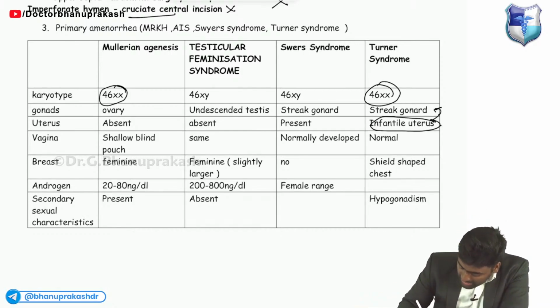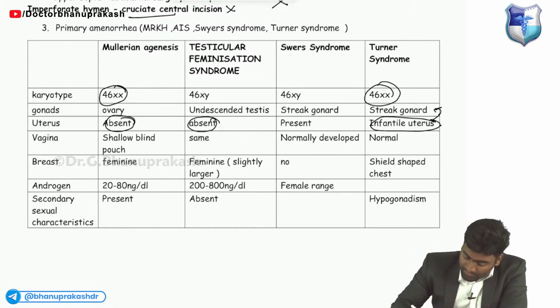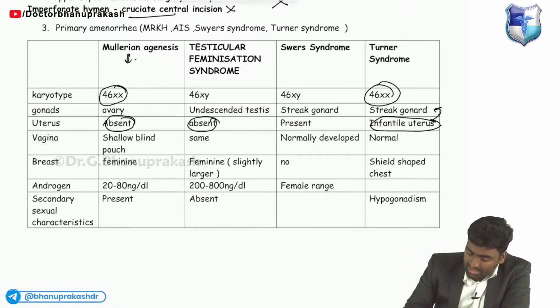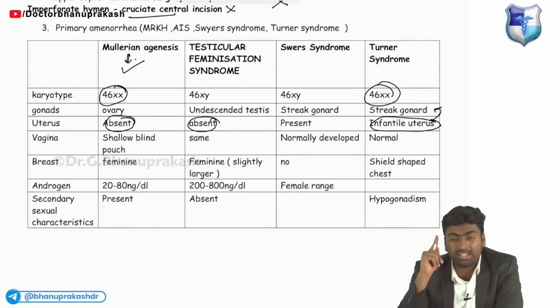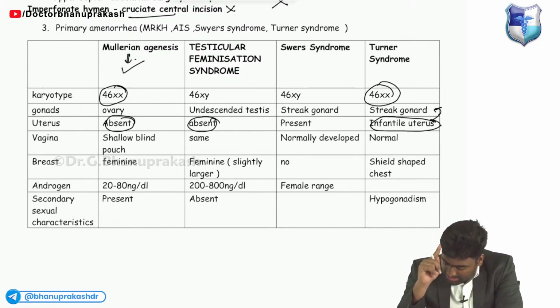Next, if the uterus is absent, but the secondary sexual characteristics like breast development, pubic hair and axillary hair are there, then which disease will you think of? Yeah, guys, you will think of Mullerian agenesis, because hair is present, but only the uterus is absent along with a blind-end vagina.